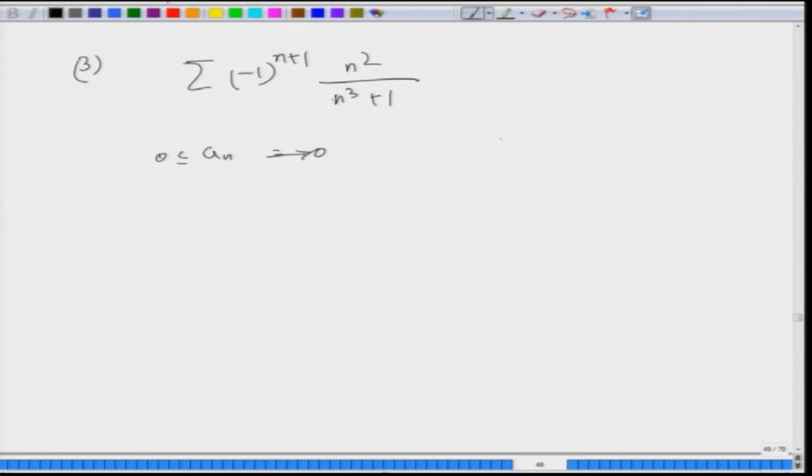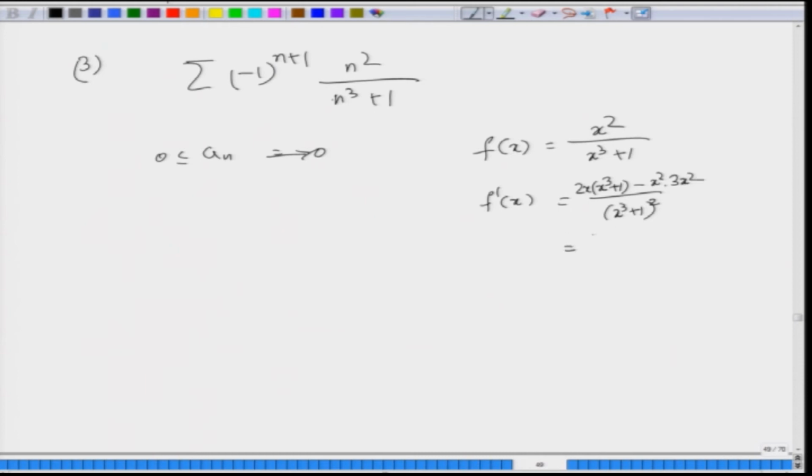The very easy way is that you look at f of x equal to x square by x cube plus 1. Now, you look at f prime of x. This is going to be 2x into x cube plus 1 minus x square into 3x square, over x cube plus 1 whole square.